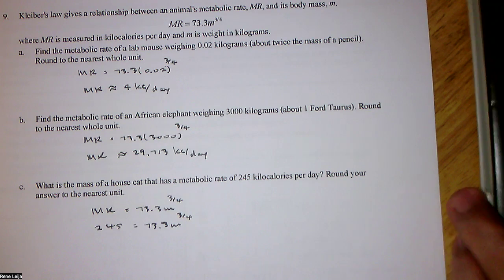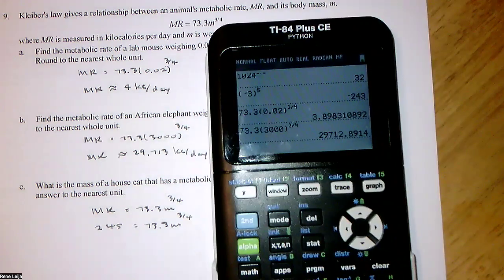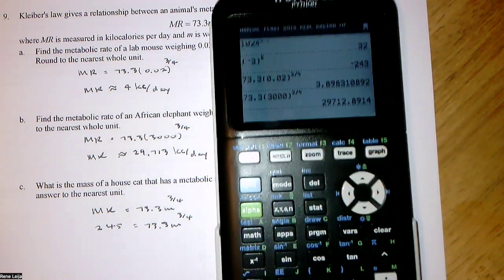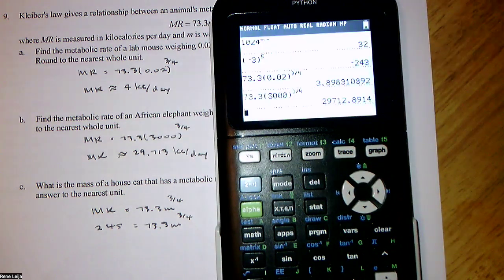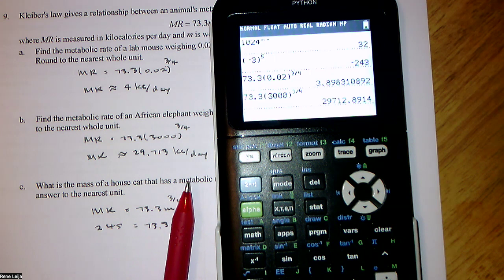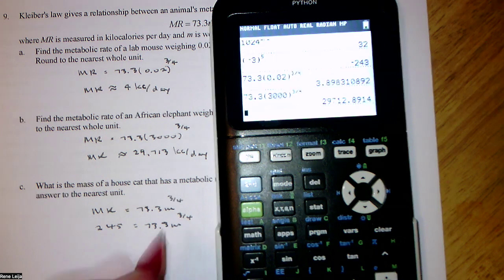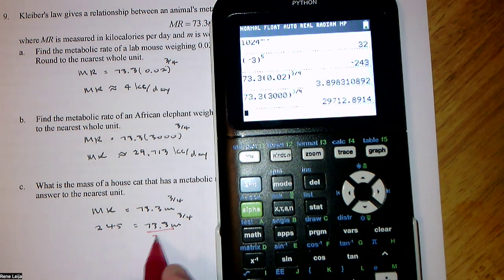Okay. So now we have to solve for M. So this is not going to be as bad as you think. The first thing that I'm going to do is, well, I don't want to touch the M to the 3/4 power. That's the last thing I'm going to touch. So I need to get rid of the 73.3. So we're going to divide both sides by 73.3.